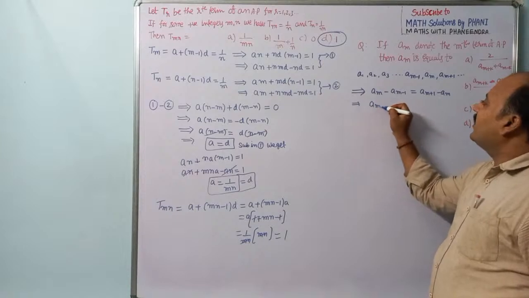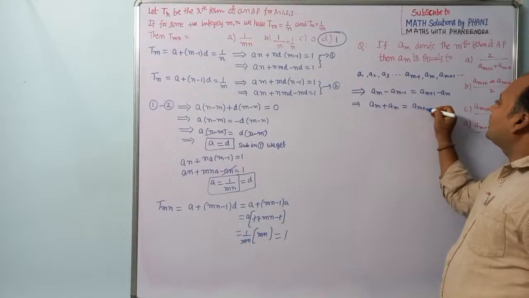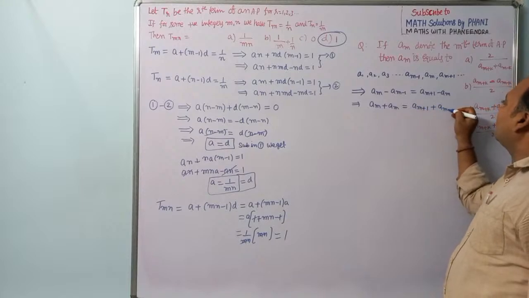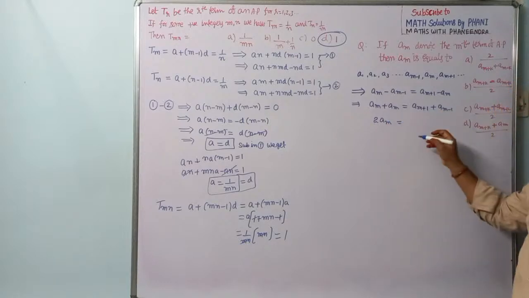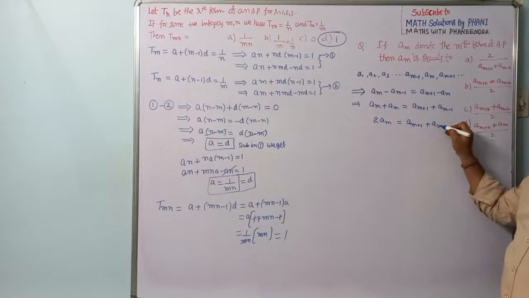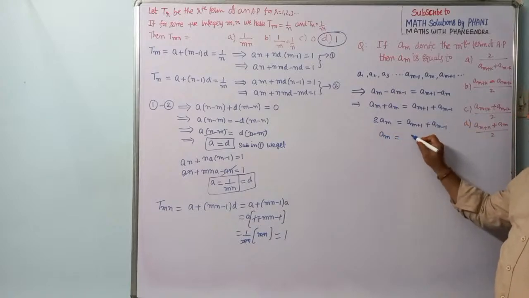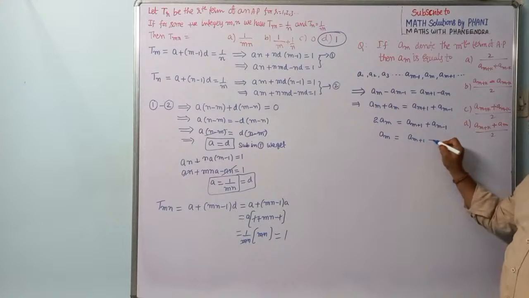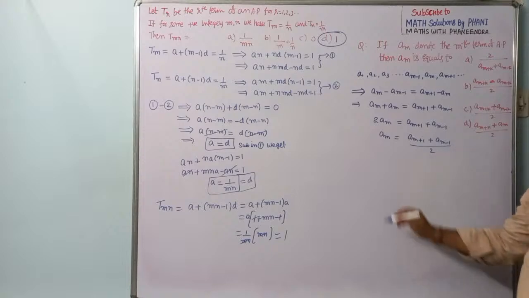So am plus am is equal to am plus 1 plus am minus 1. So 2am is equal to am plus 1 plus am minus 1. So am equal to am plus 1 plus am minus 1 divided by 2.